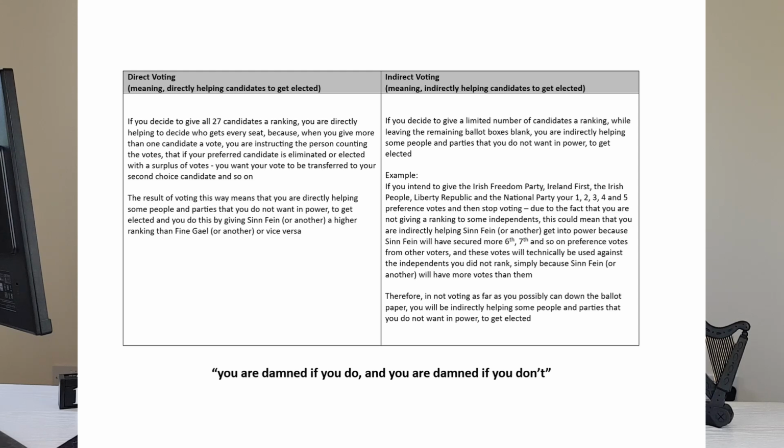Because you are not giving a ranking to, say, some independent candidates, this could mean that you are indirectly helping the likes of Sinn Féin get into power, because Sinn Féin may secure more 6th, 7th and so on preference votes from other voters.